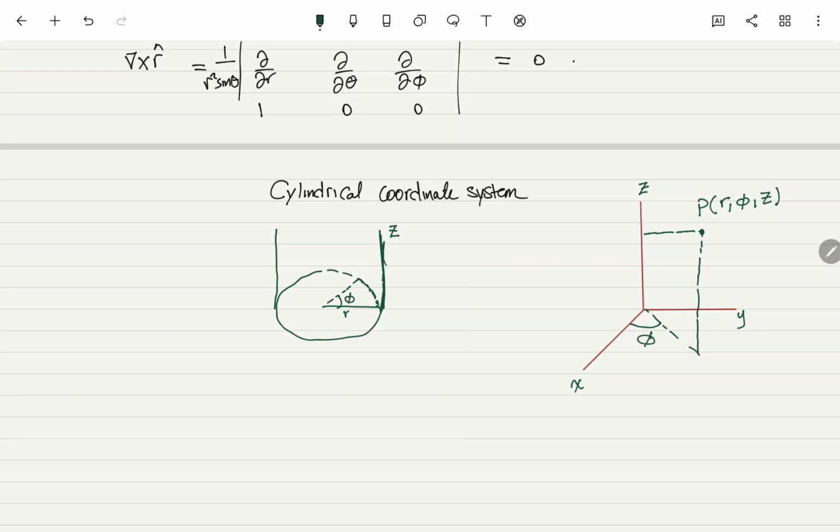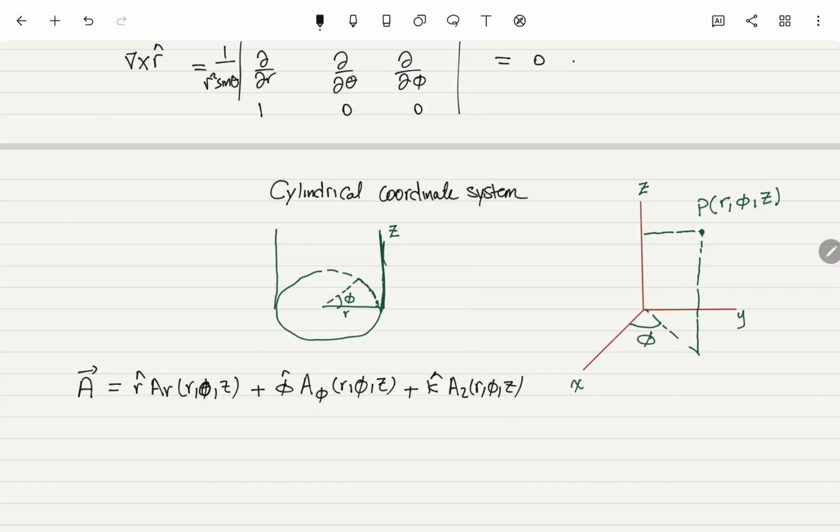Now the vector in cylindrical coordinates is defined as A equal to r hat A r of r, phi, z plus phi hat A phi of r, phi, z plus k hat, same as Cartesian coordinates, A z of r, phi, z.